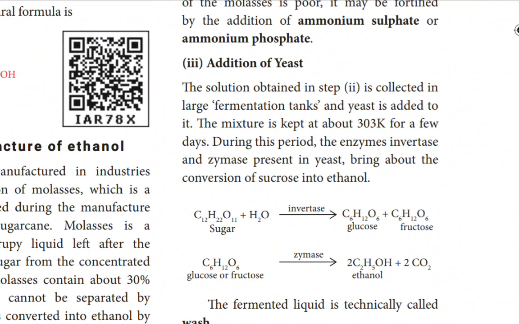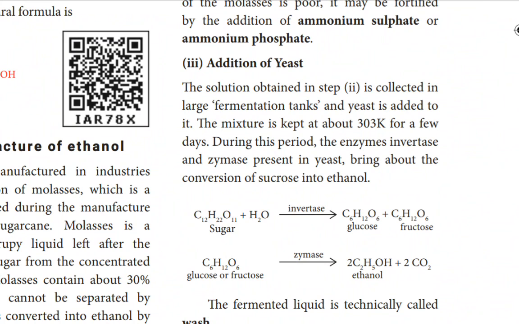Then addition of yeast. So third step, see, the sugar molasses obtained from step 2 is taken in a large iron tank that is called fermentation tank. Here, this sugar molasses is taken in the fermentation tank and yeast is added, and the temperature is maintained at about 303 Kelvin for a few days, 4 days, 5 days, or 1 week.